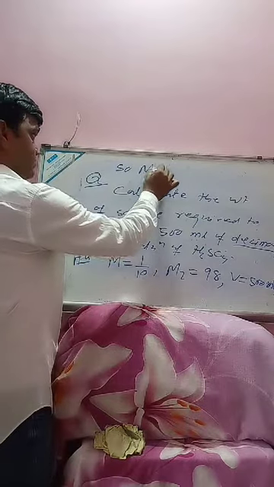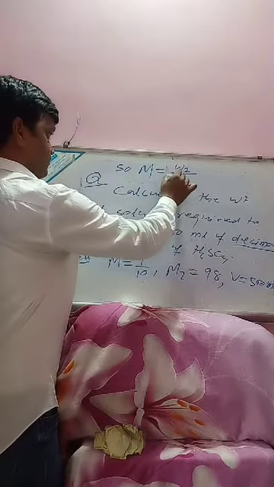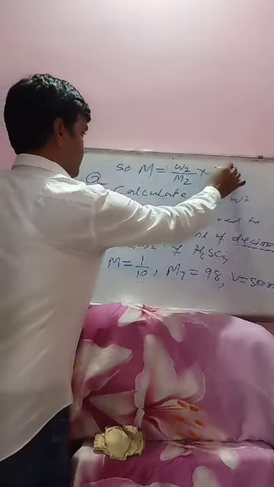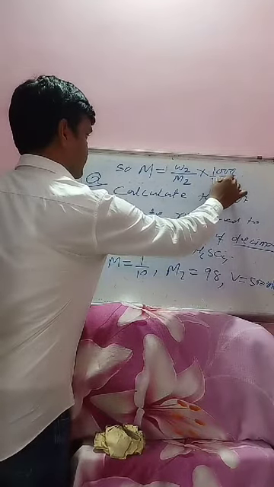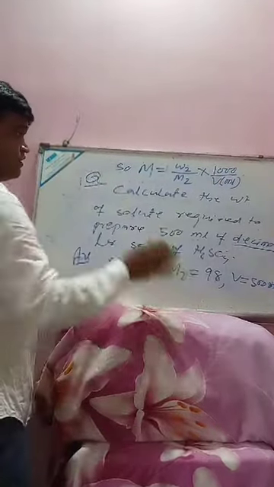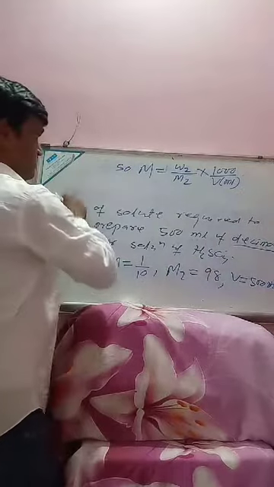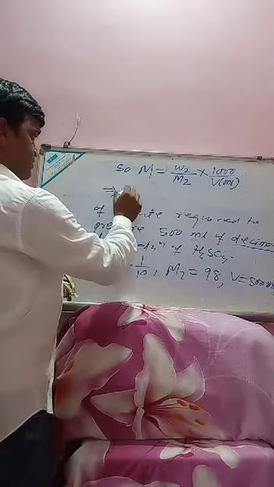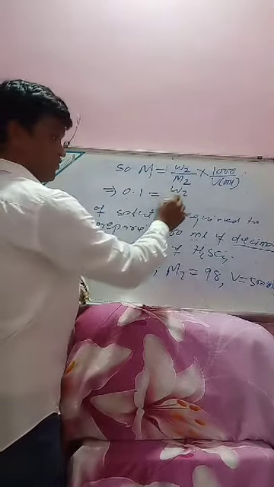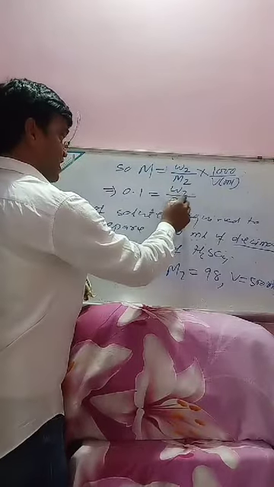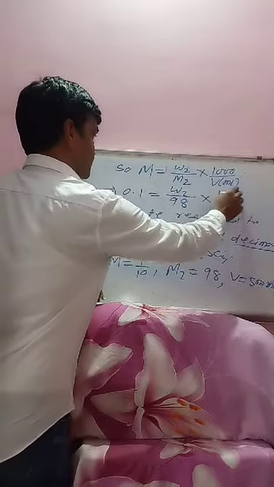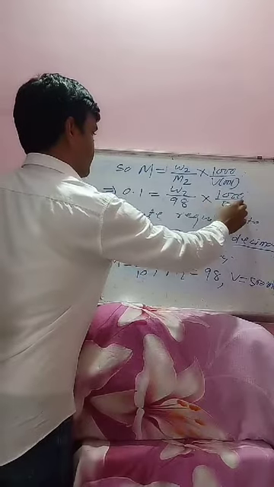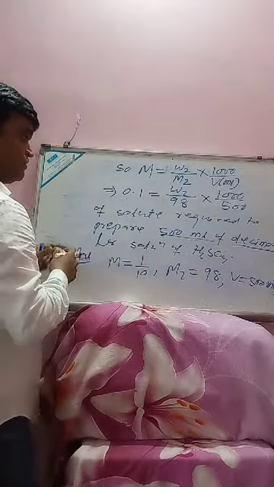So molarity M is W2 by M2 into 1000 by volume in milliliter. Then it will be molarity is 0.1, W2 to be determined, M2 is 98, 1000 by 500, volume given 500 milliliter.